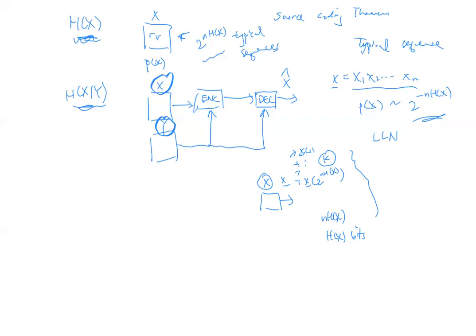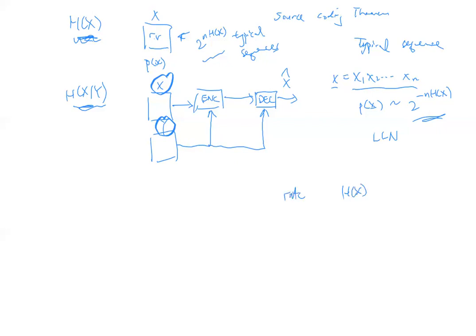And then we talk about the converse proof for that one. The converse proof is basically saying that if we compress the source more than H(X) bits, so let's say I call this rate here r, if r is less than H(X) bits, then definitely we won't be able to recover the original x perfectly.